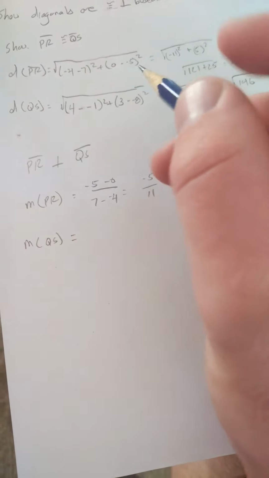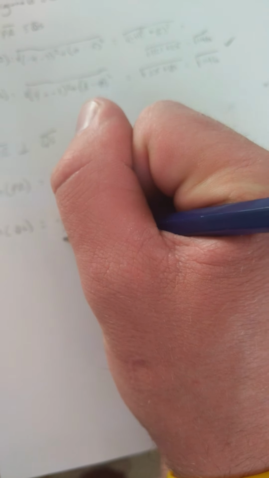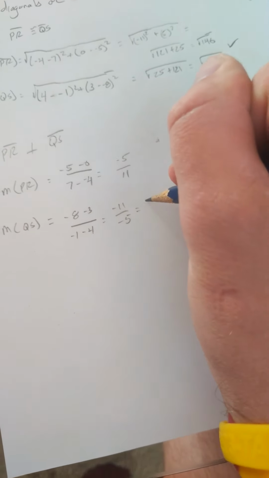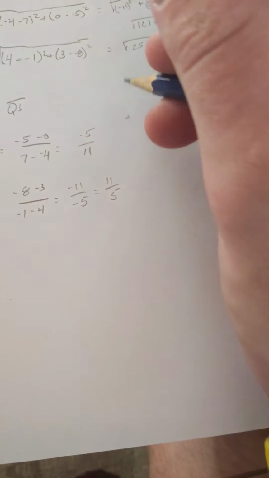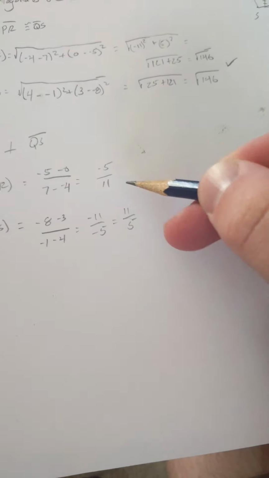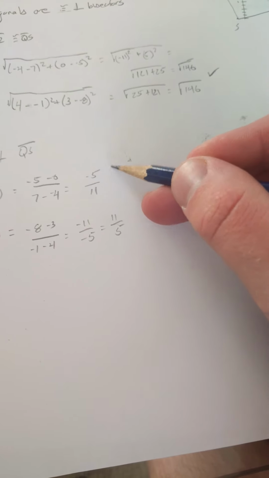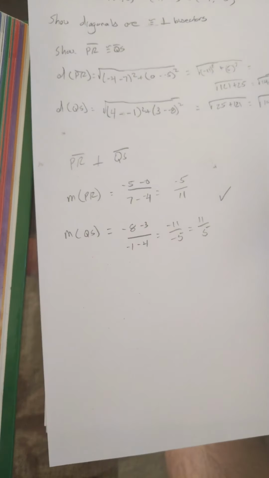And then the slope of QS is -8 minus 3 over -1 minus 4, which is -11 over -5, which both turn into positive. Negative divided by negative is positive. So those are perpendicular to each other, opposite reciprocals. This one's negative, this is positive, and the 11 has been moved to the top, the 5 has been moved to the bottom. So we are good to go on step 2.